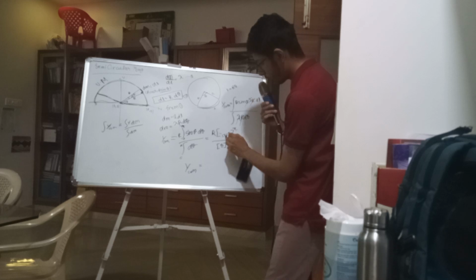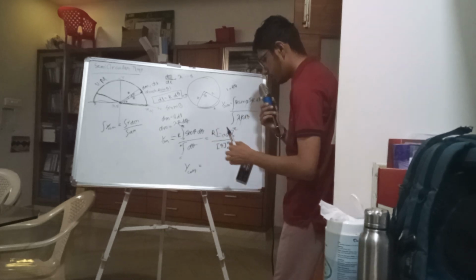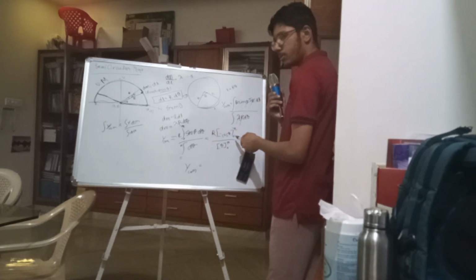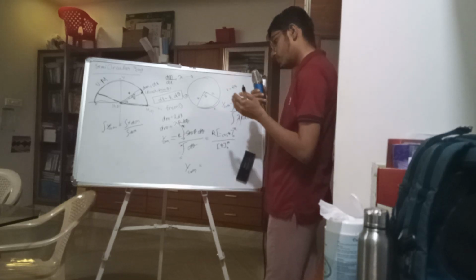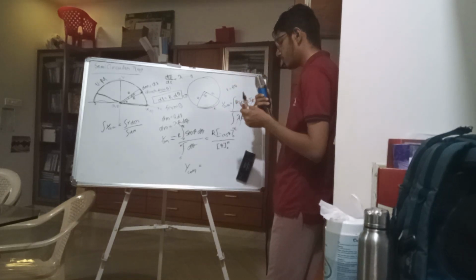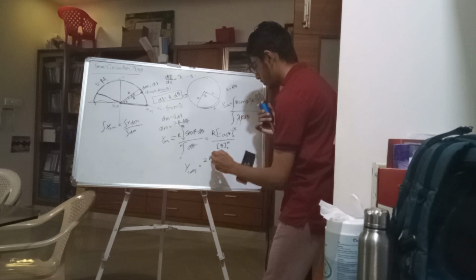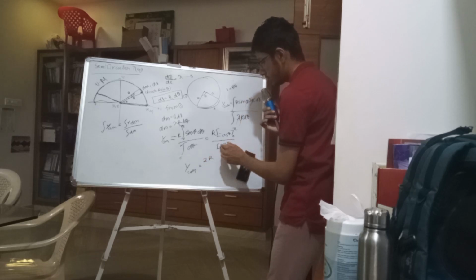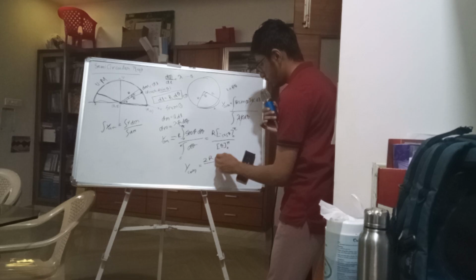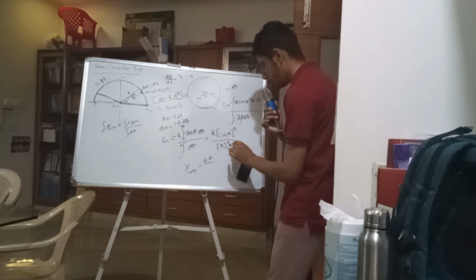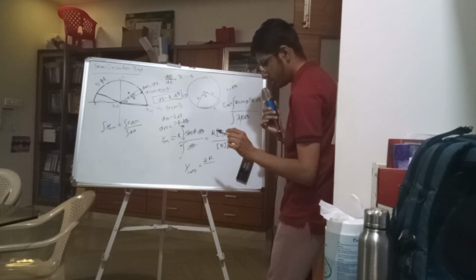First substitute pi, we'll get an answer. Keep 1 minus sign, then substitute 0, we'll get an answer. Subtract them both, you're going to get 2r. And in the denominator, first substitute pi, then keep 1 minus sign, put 0, then you'll get pi.